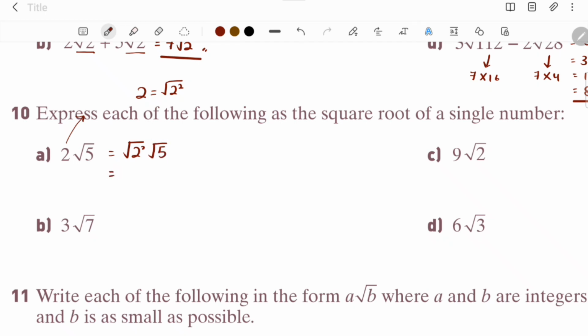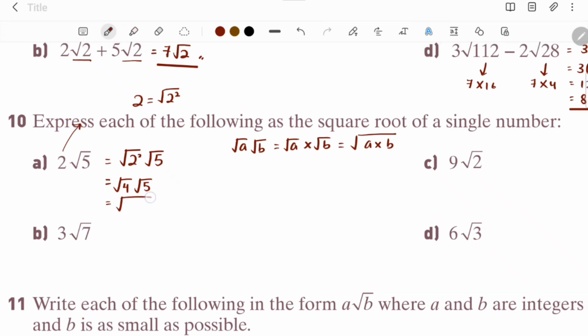So this one 2 square should be square root of 4 multiplied with square root of 5. So we know that if both surds or square roots are like that, means that they are multiplying. This one if both also square root, the terms inside the square roots can be multiplied together. So this one should be a times b. So this one is actually 4 times 5. You should get surd 20 as your final answer.